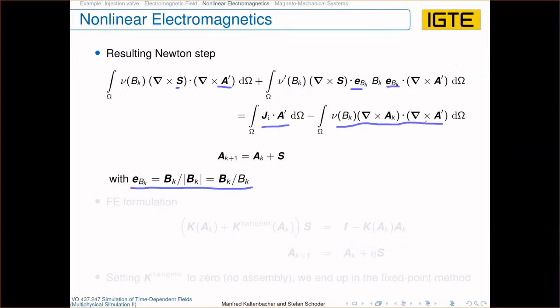As you see, we just have to evaluate it at iteration AK, and the new solution is just that we add to AK the increment S.